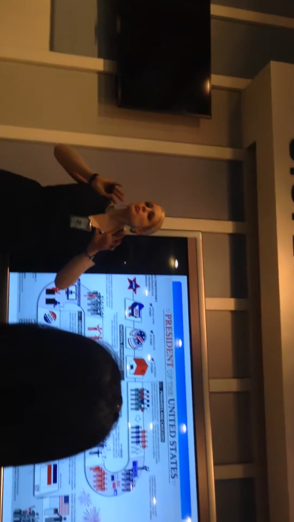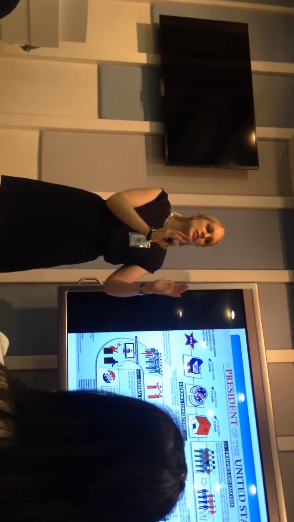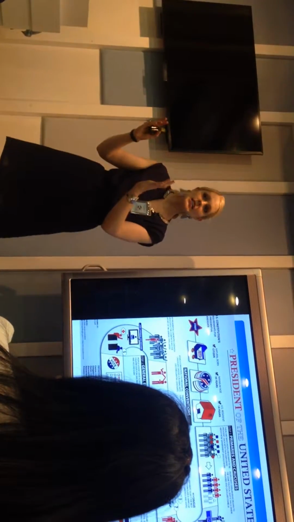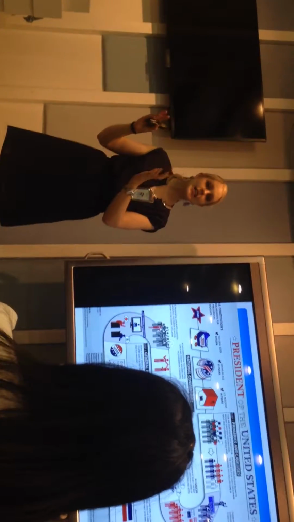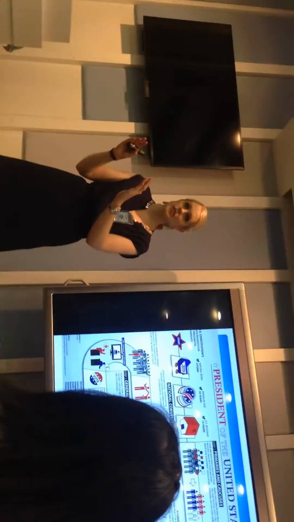Seven. Okay, so Congress is the US government. There's two parts. One is the Senate and one is the House of Representatives. In the Senate, there's 100. Every state has 2 senators, no matter what size you are. The House of Representatives is based on the population.